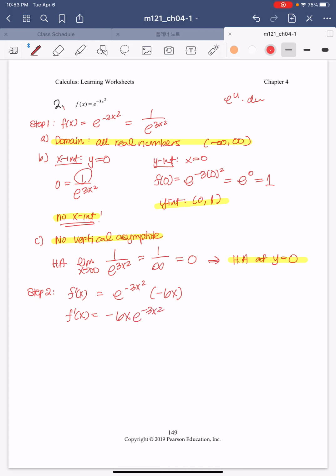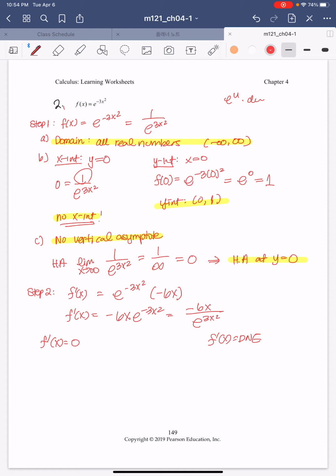So let's find the critical values. That will be where f prime equals 0 or f prime does not exist. This is equal to negative 6x over e to the 3x squared.